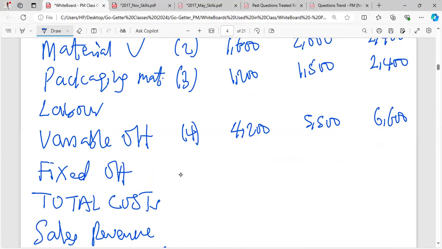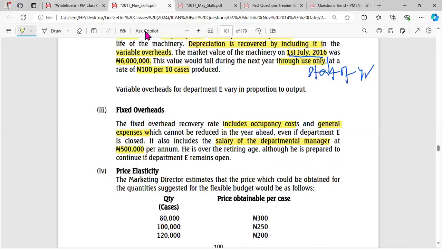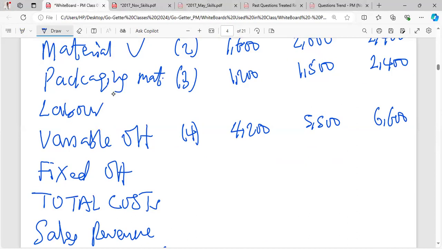So the manager's salary is going to be paid if Department E is open. So the manager's salary is going to be 500, 500, and 500.